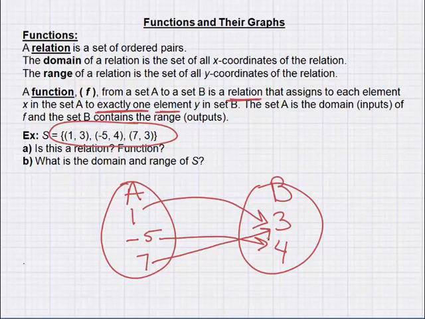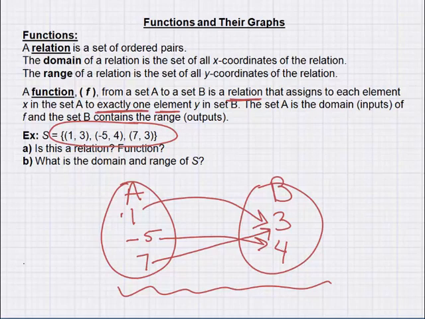So the question is, is it a relation? We already said yes. It's a set of ordered pairs, so it's a relation. But looking at it in this sort of mapping method is a better way of seeing if it's a function. Does each one of these values in set A get matched to exactly one value in set B? And the answer is yes.